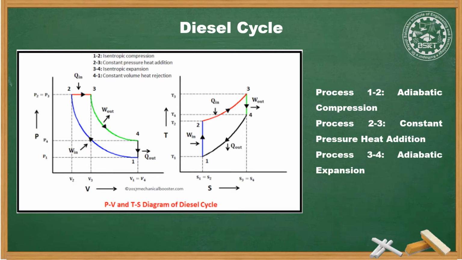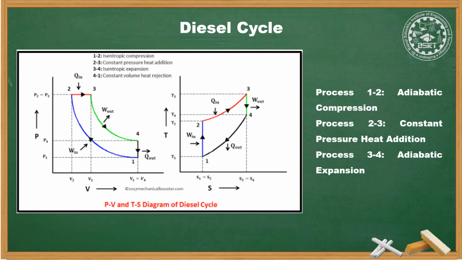Next is process 3 to 4. Process 3 to 4 stands for the isentropic expansion process. In this, the air expands. Process 3 to 4 is shown by the green line presented on your PV and TS diagram, as we can see.